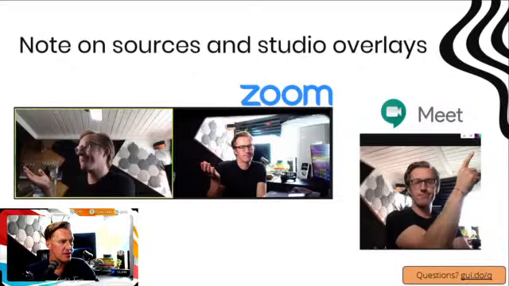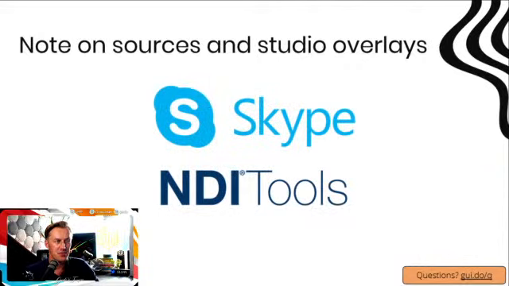So keep that in mind if you want to do this. One exception here would be Skype using NDI, because in contrast to, for example, Zoom, where you need to do screen capture, with Skype you don't need to. What Skype does is, for every participant, it sends out an NDI stream, which you can then capture with your studio software.